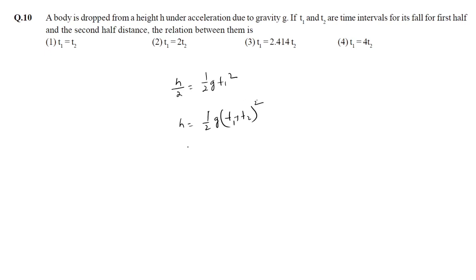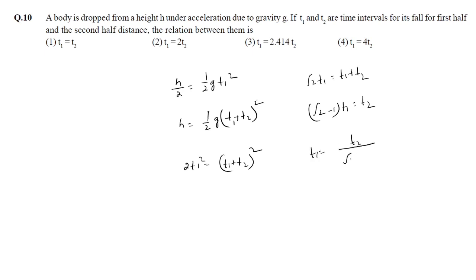So from these two equations we can write 2 t1 square as (t1 plus t2) square, and taking the square root, root 2 t1 is equal to t1 plus t2. So (root 2 minus 1) into t1 is equal to t2. So we will get t1 as t2 divided by (root 2 minus 1).